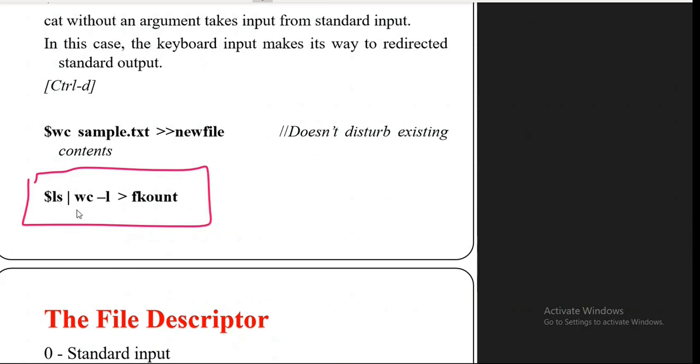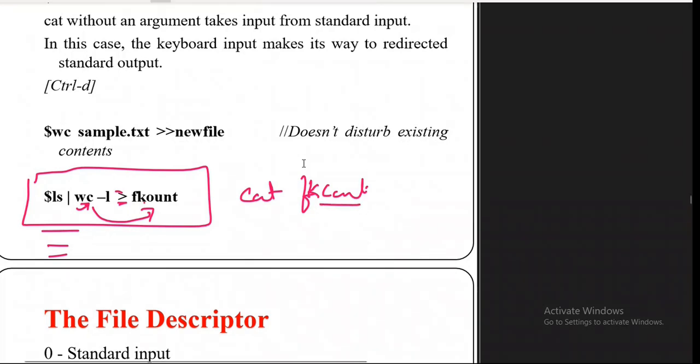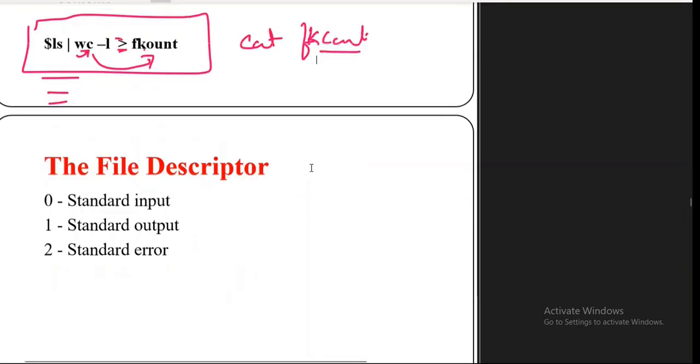Then the output of that I'm giving to this command, where it will count how many lines there are, like how many files are listed. And I am using another redirect operator to store the result into that file. So when you do cat of the count file, you will get the result of ls. I mean, it will specify how many files are existing. So try to execute these commands, you will understand.